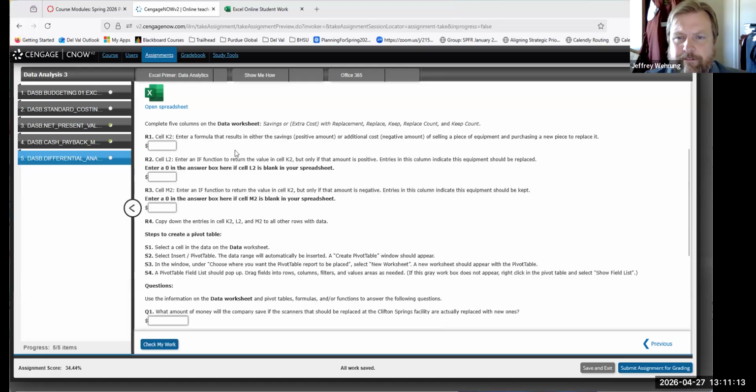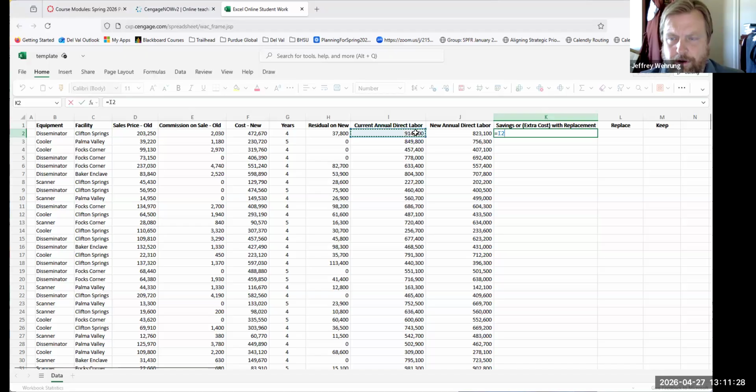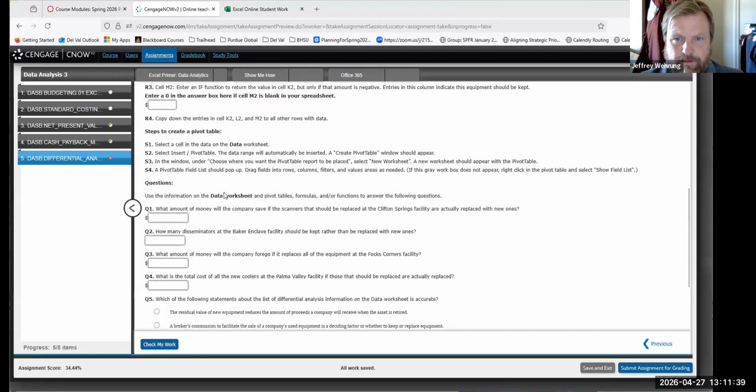Okay. K2, enter a formula that results in either the savings, a positive number, or additional cost, a negative number, of selling a piece of equipment and purchasing a new piece of equipment to replace it. Okay, savings equals our current cost minus our new cost. I don't know why you would buy new equipment if it's going to cost you more. Let's see if that's what they're looking for.